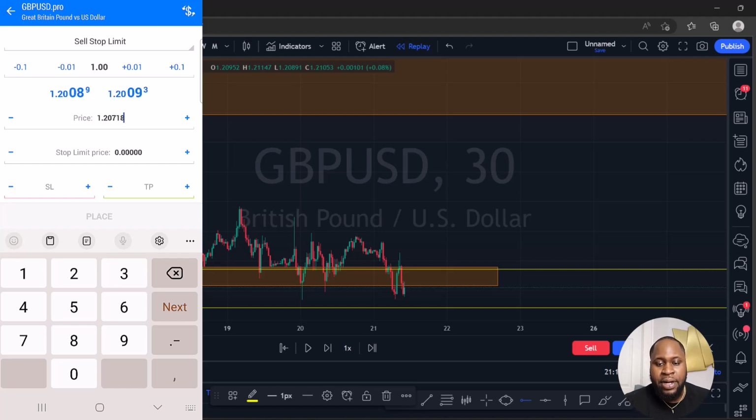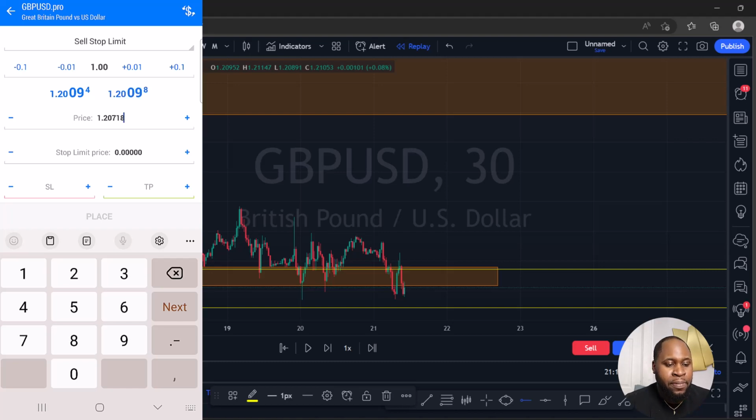Now the stop limit price, you're going to treat it as any stop limit. So in a stop limit, you're looking for a reversal. Now from that price area, what I want price to do is come up to a certain point, hit my stop limit price, and then continue on its way downwards. So that's what I want to happen.